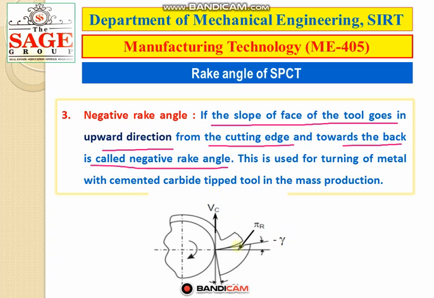Now this negative rake angle is used for turning of metal with cemented carbide tipped tools in mass production. This is the importance of the negative rake angle. It is denoted by a minus sign and the gamma letter.